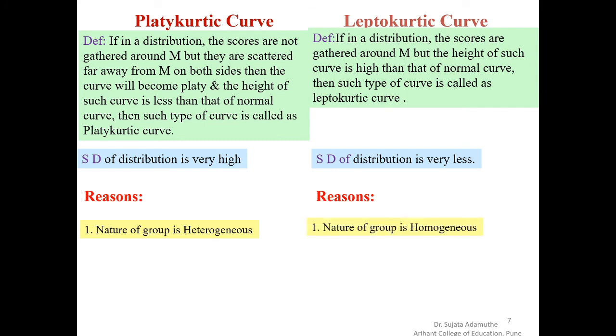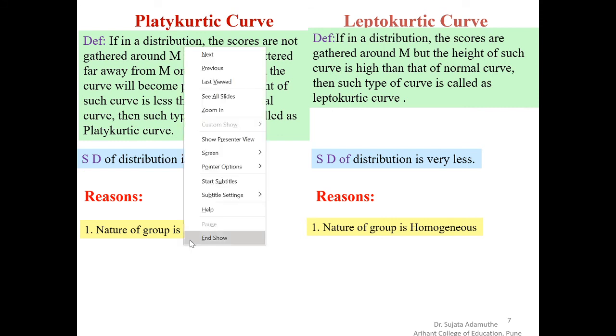Here the nature of the group is homogeneous. In the previous slide we saw that the height of the curve is highest in the middle, but it can shift to the left side also, and to the right side also. Whatever we studied in the previous slide, we will see that again.